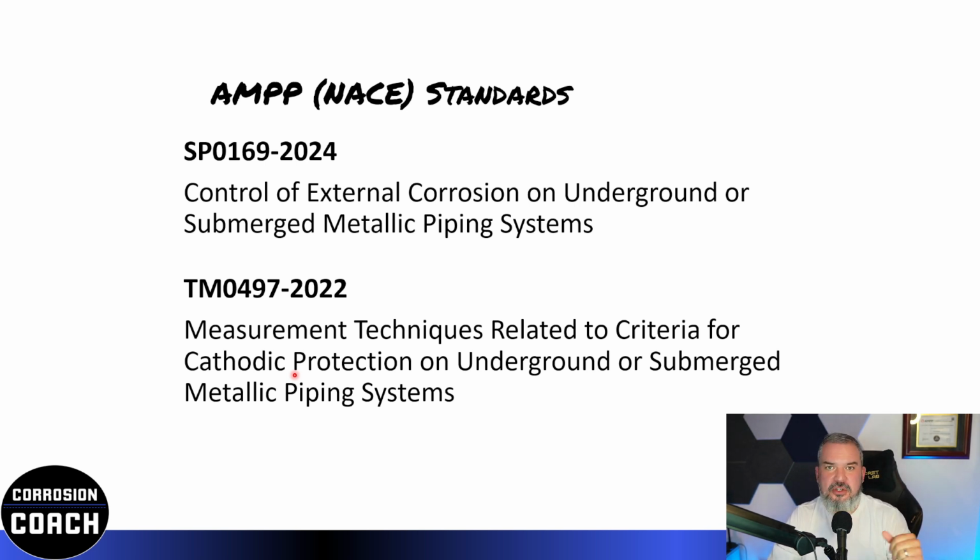Your company procedure may point to a specific year as well, and a regulatory requirement may not point to it at all. It may just spell out an old one. So just be careful of that. But I do encourage you to get your hands on that standard. If you're a corrosion control professional, you should be a member of AMP.